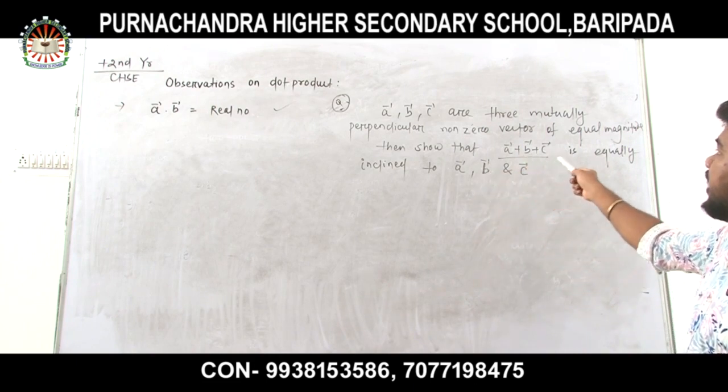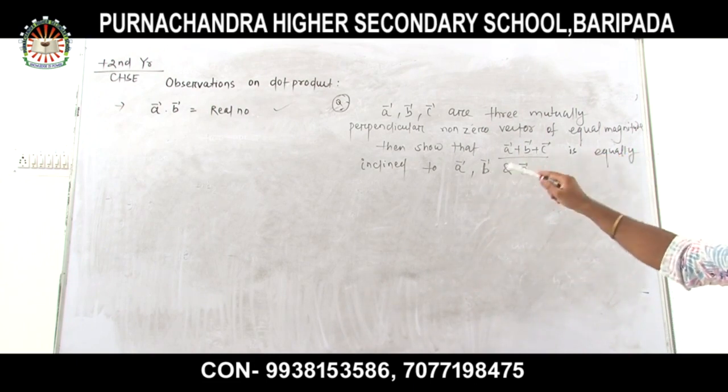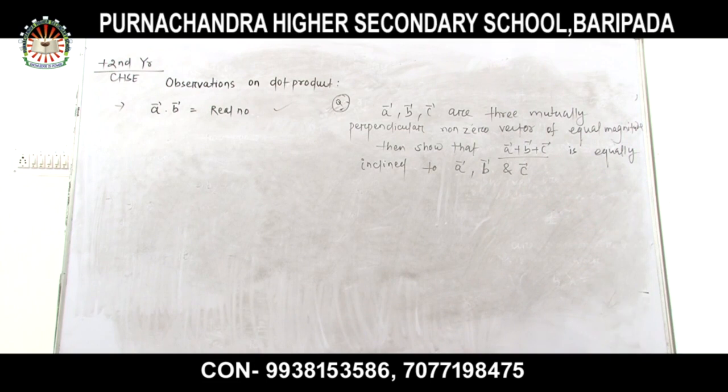Then show that A plus B plus C is equally inclined to vectors A, B and C.